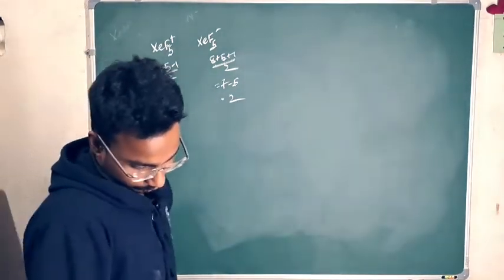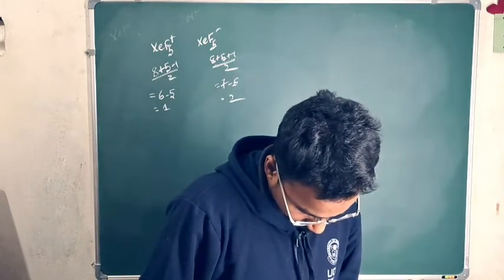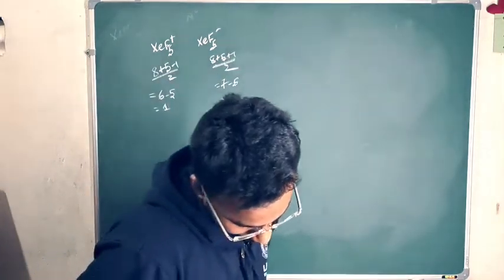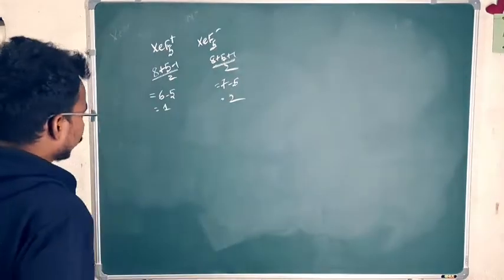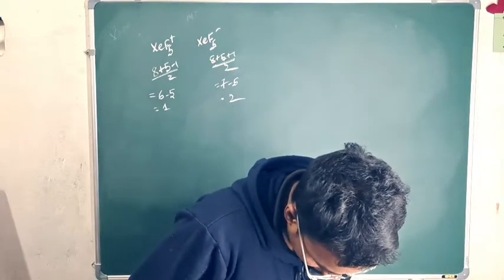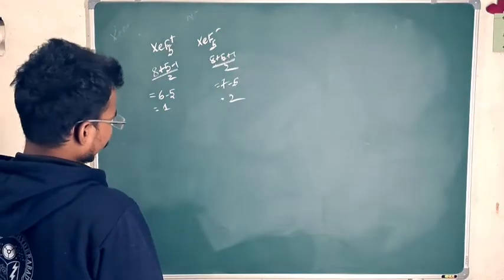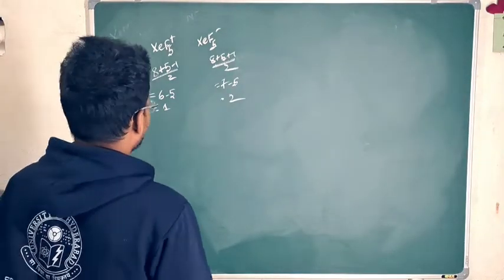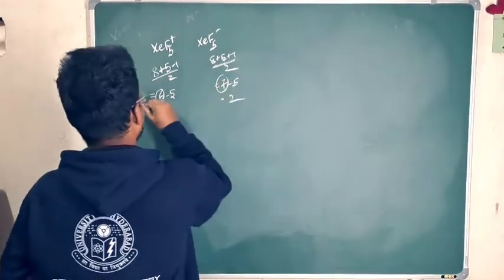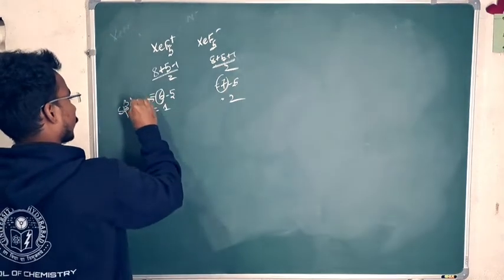So they are asking about pentagonal planar, square planar, pentagonal bipyramidal. So here 6 is the number, 6 means sp3d2.